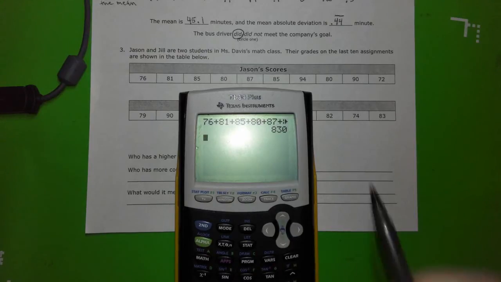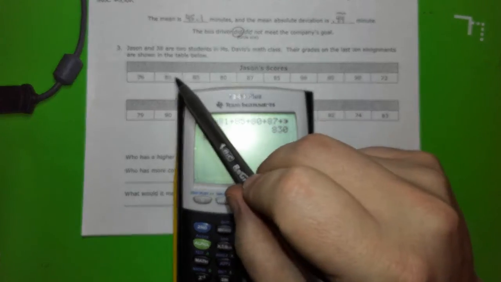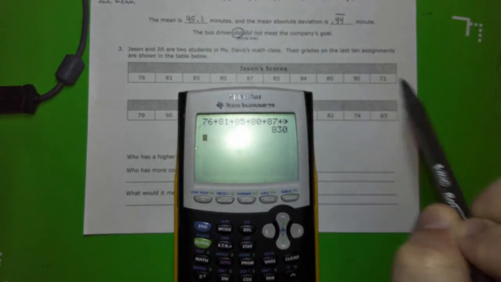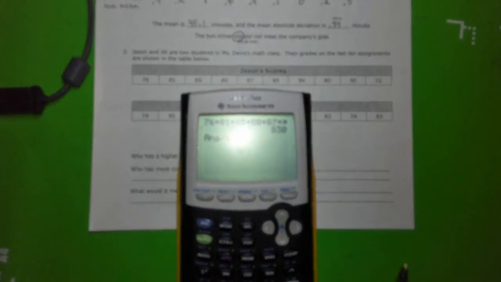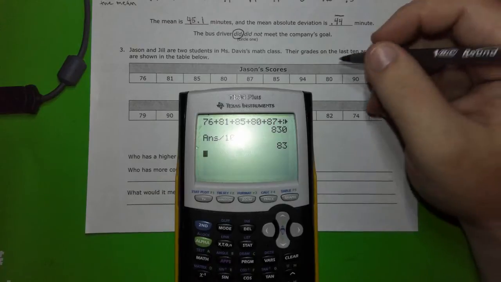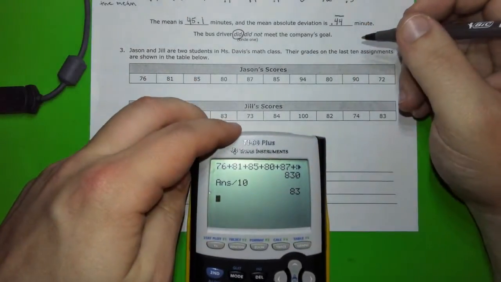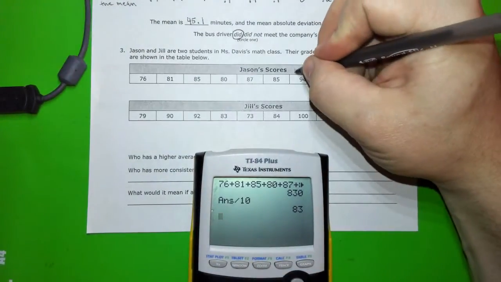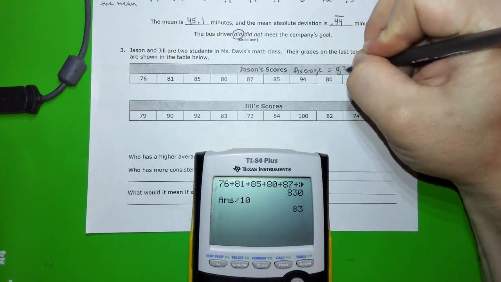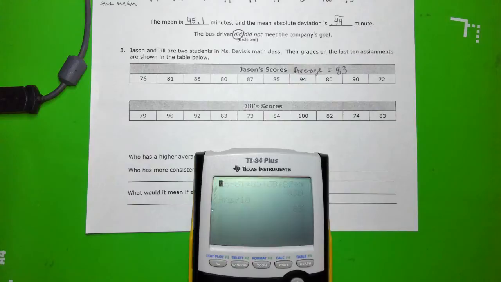So I get 830, and I'm going to divide that by 10. Okay, so Jason's average is an 83, right? So I might want to write that somewhere to the side. Maybe I could say Jason's average right here is an 83.